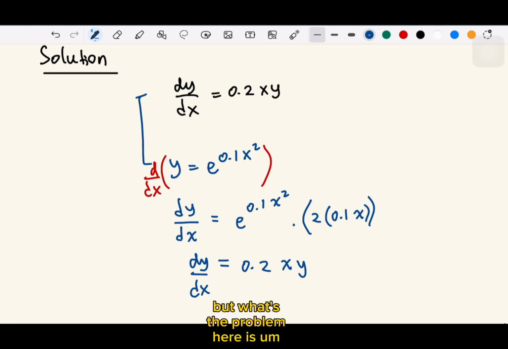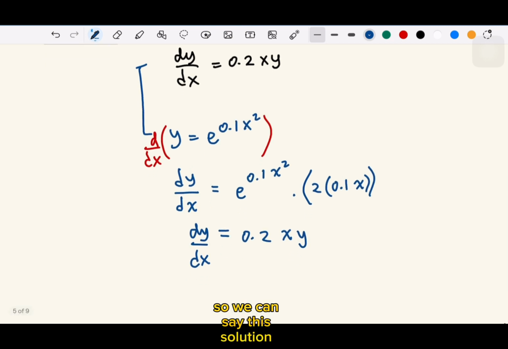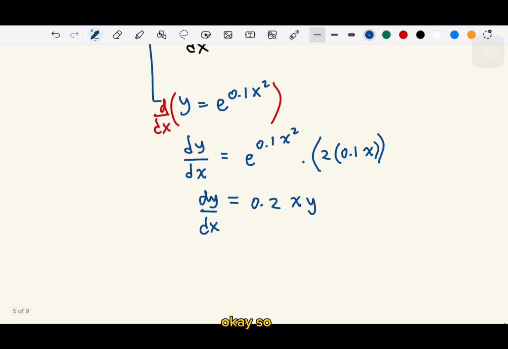But what's the problem here is the interval. Is it going to be verified for all intervals? Some solutions may only be valid for some specific interval. So we can say this solution, okay, let me write here.